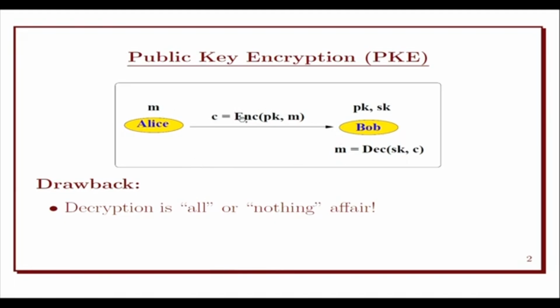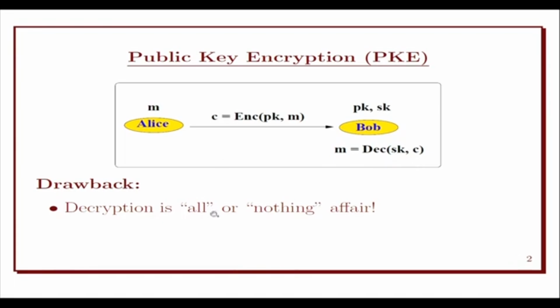Upon receiving this ciphertext C, Bob has the corresponding secret key SK. So Bob will apply the decryption algorithm on this ciphertext using this secret key and get the message. This is the public key encryption scheme, and the drawback is that if this is the right key SK, Bob will get the full message, otherwise nothing.